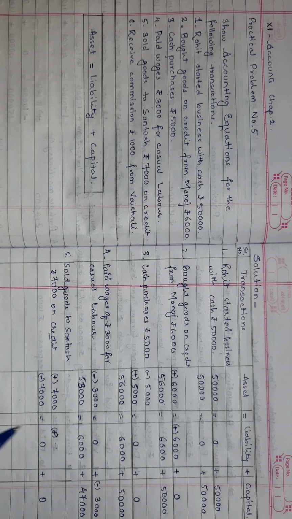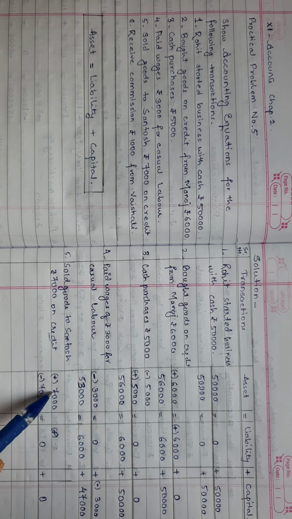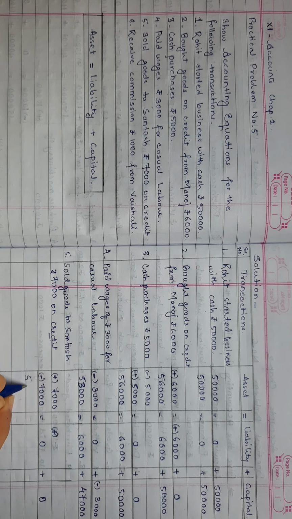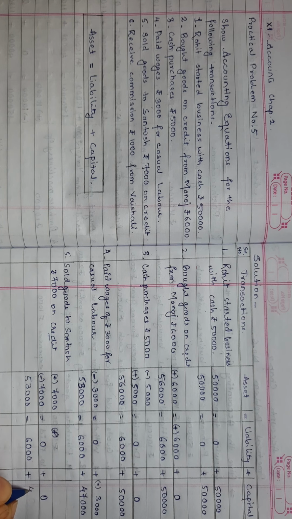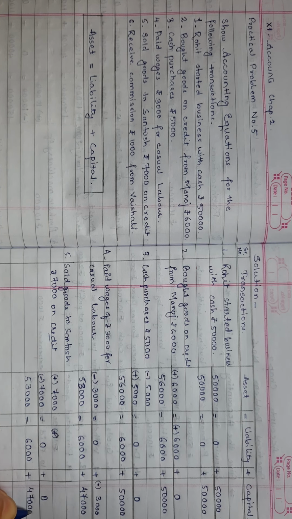Now take the total. The amount which is added will also be deducted, so this 53,000 will remain as it is. This 53,000 equals to 6,000 plus 0 is 6,000 plus 47,000 plus 0 is 47,000.